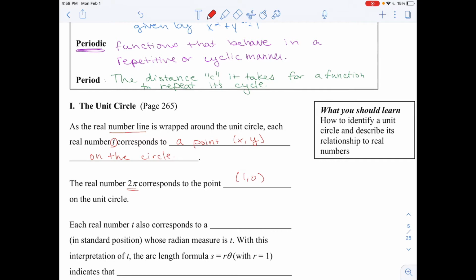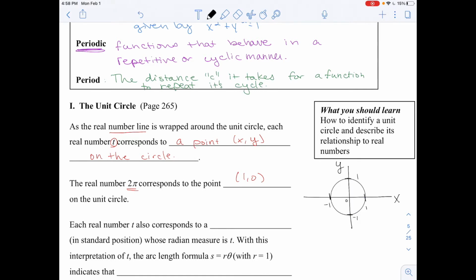So we've kind of been learning about this already. If we call this the x and y axis, and this is where x is 1, and this is where y equals -1, we have a circle, and we call that the unit circle.